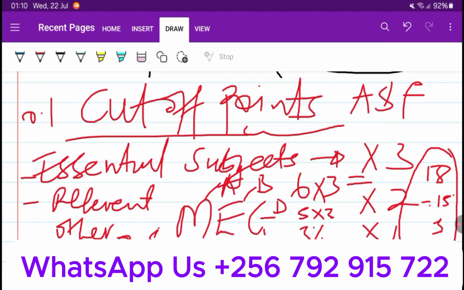Of course, there is the other computer and GP, which have not been computed, because they are always considering 2 principal passes. And in most cases, those courses have maybe 1 or 2 that are essential.